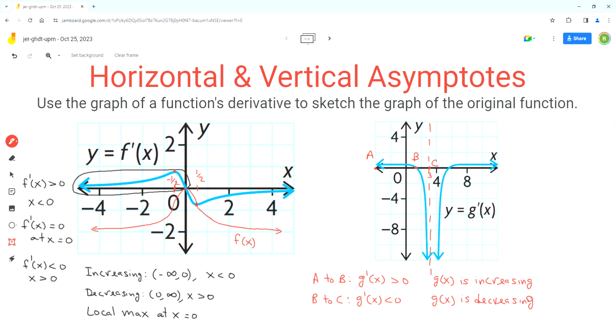Now from C to D, the function is decreasing, because the graph is below the x-axis.